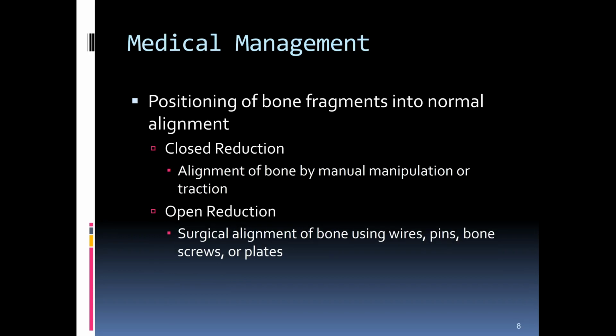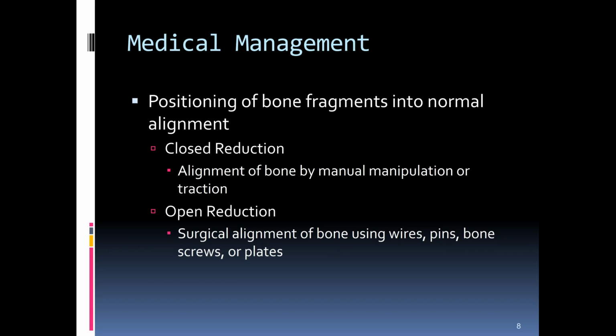So medical management, obviously you want to get the bone to heal correctly, and children have quick bone healing because of their quick growth in general. Closed reduction, there are no pins and needles. They're going to manipulate it by hand or put it in a cast.